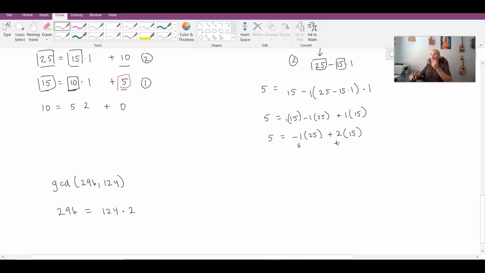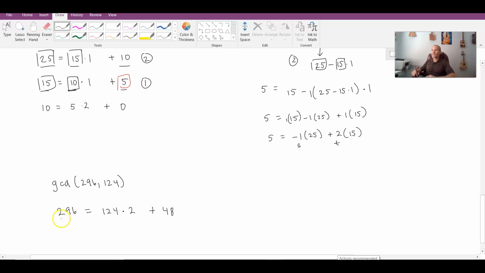That creates 248, and 296 minus 248 is 48, so that leaves a remainder of 48. We know that the GCD between 296 and 124 is the same as between 124 and 48. And so 48 goes into 124 2 times, leaving us with a remainder of 28.